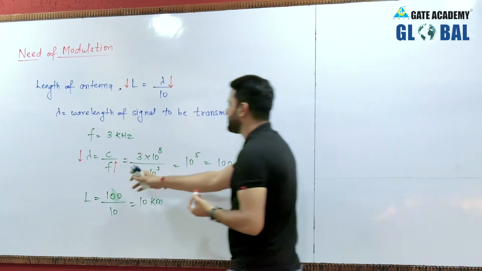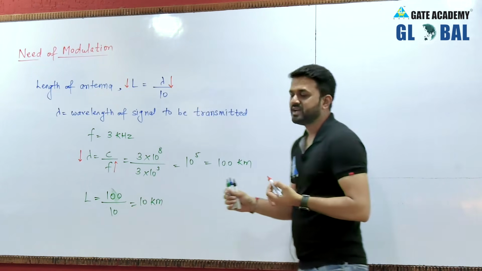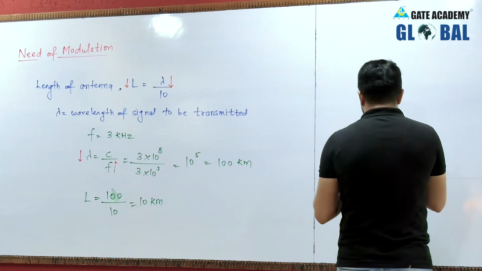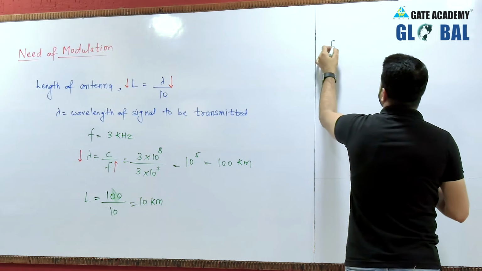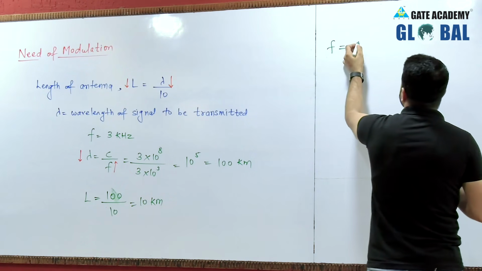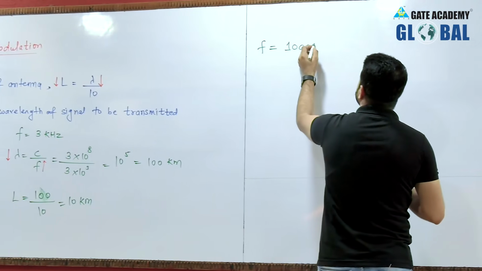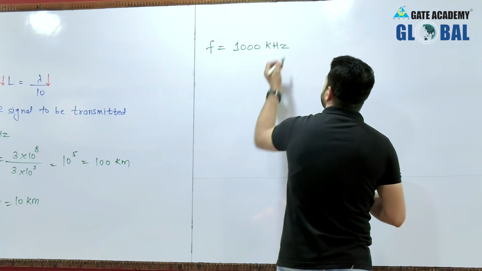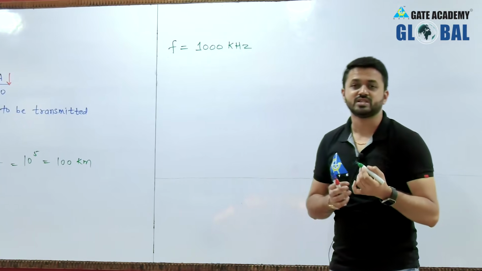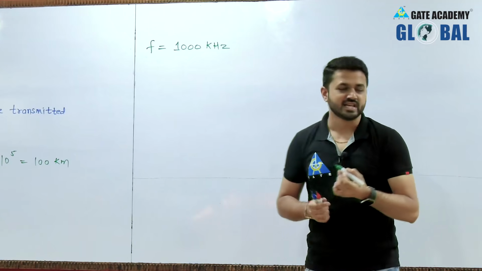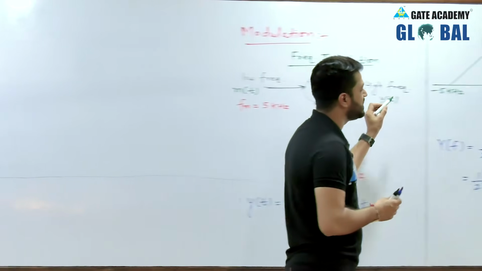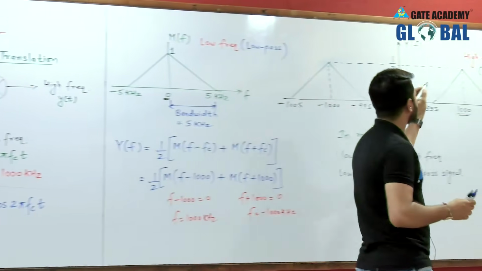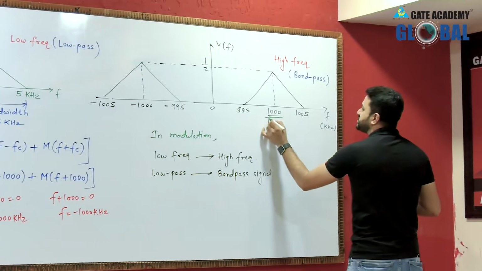So let us say the frequency we have translated into 1000 kilohertz, because we have translated our original signal around 1000 kilohertz, as we have seen in this example.